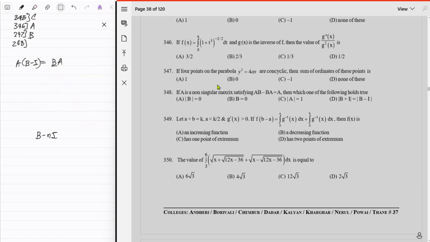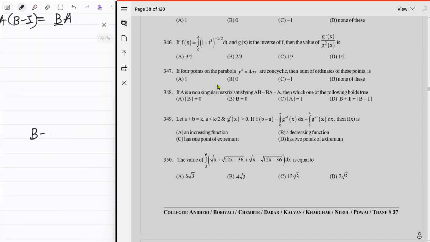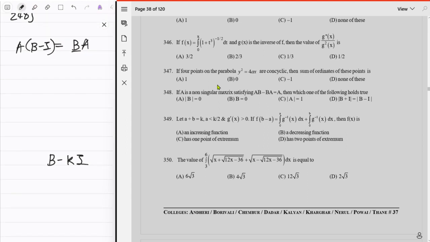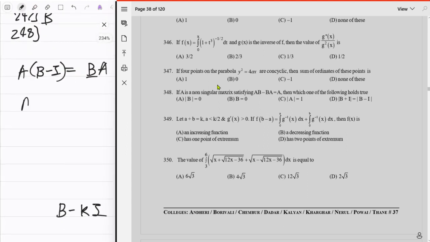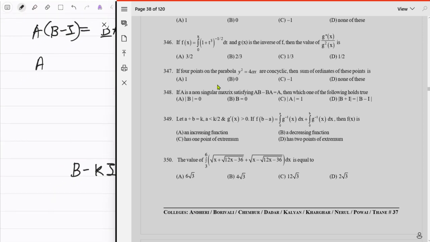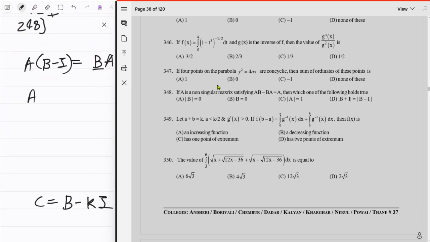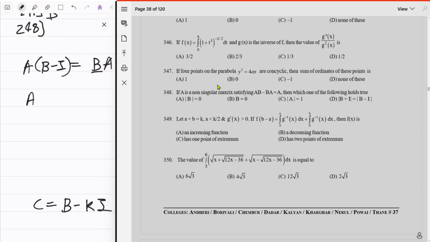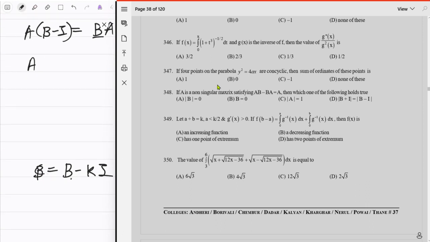Let's try it out. In fact, just not n, we'll just put any scalar like k times I अगर put करके देखते हैं. What will you get? So instead of b अपन ये चीज अगर put करें, then if b works, then ये जो चीज रहेगी c equal to ये चीज, this will actually also satisfy the same equation, right? Okay, this is getting weird. Or you just say, okay, b is equal to b naught minus ki or something like that, right? That will satisfy the same equation. इसमें ट्राई करते हैं पुट करने का.